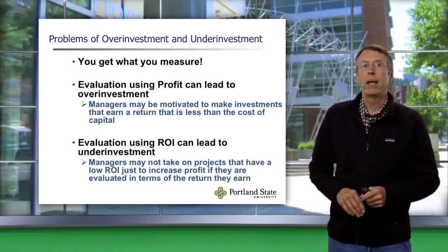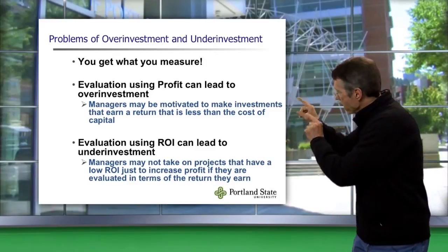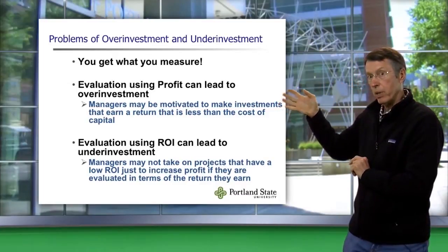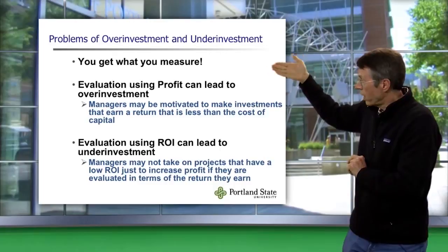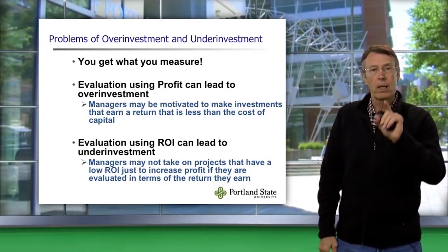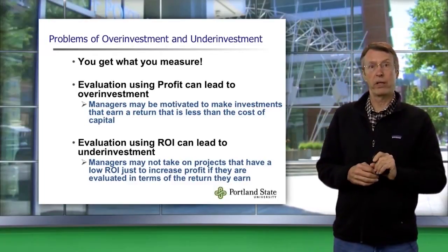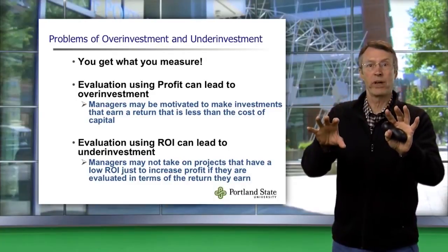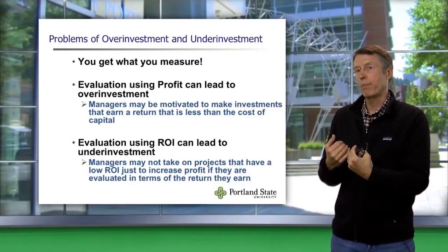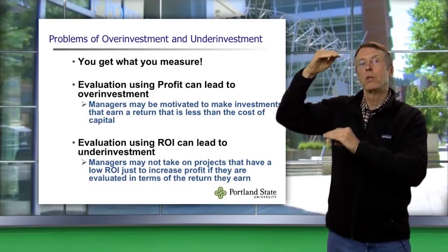Challenge. Now, we have this problem of overinvestment and underinvestment, and as we talked weeks ago, one of the key aspects of managerial accounting, one of the key principles is you get what you measure. If we're simply evaluating our divisions and our managers on profit, that can lead to overinvestment. If they have no incentive to keep the capital investment down, managers might do whatever it takes to increase profit.